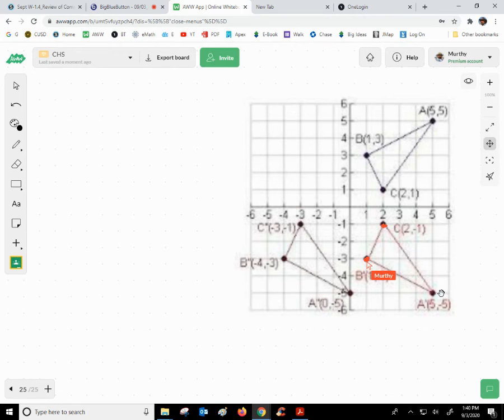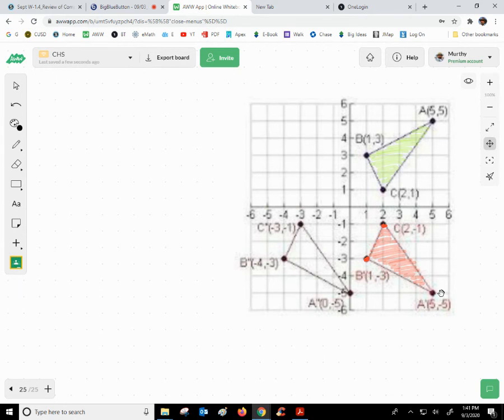Let me shade it with a beautiful color, black. This is my original object, and I see that A prime, B prime, C prime, let me shade with a different color, the green color. So this is the first transformation. I see that this is flipped. The diagram is flipped.